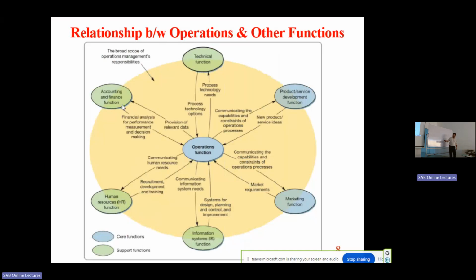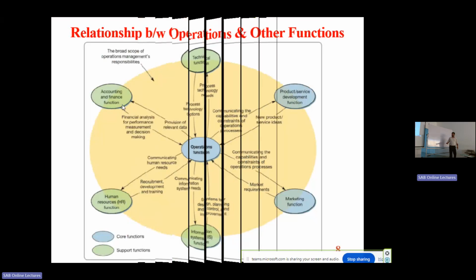So they need to work cordially with accounting, finance, and also with IT and HR. So that is the real challenge for operations management: not only managing internal activities, but also managing the interface with other departments. Clear? So that is the challenge.